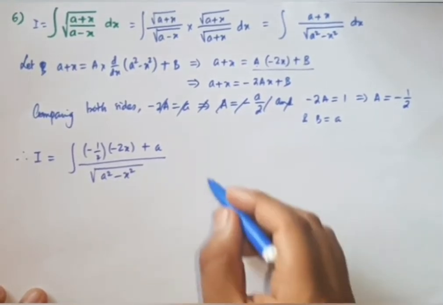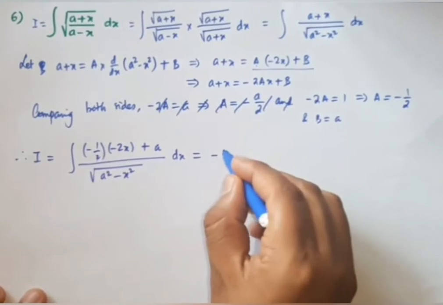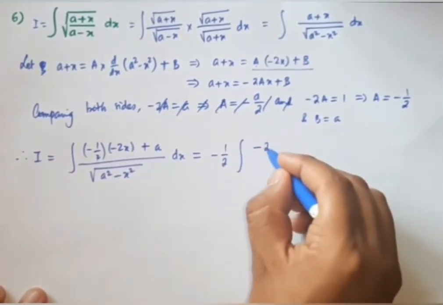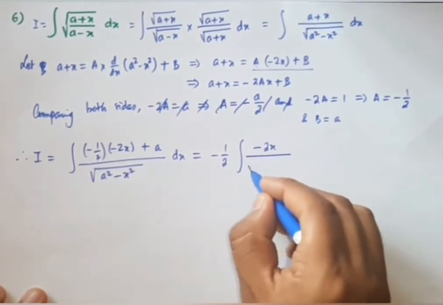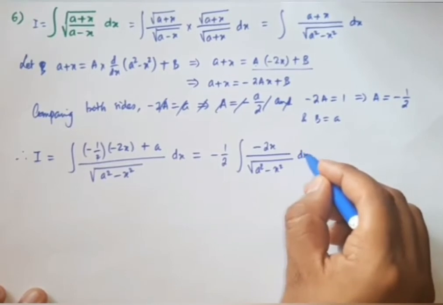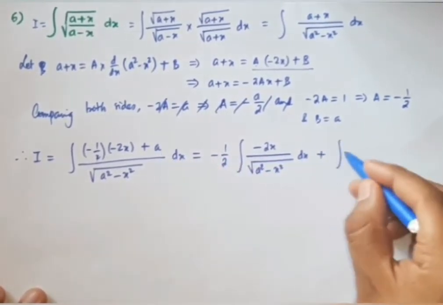Okay, so this can be written as, so minus half will be kept outside, so we have minus 2x by square root of a square minus x square dx. Okay, so plus the integral.